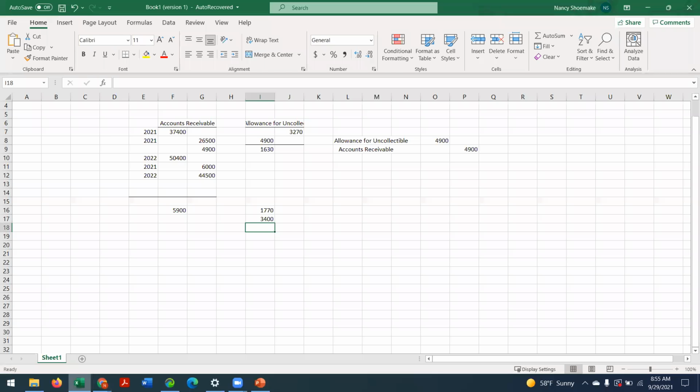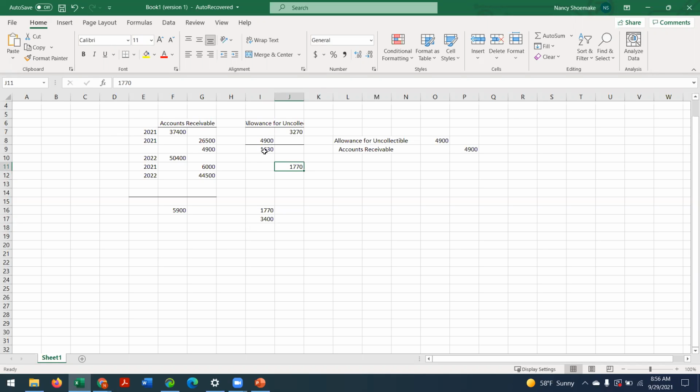is we want this new number over here to be 1,770. We need our allowance for uncollectibles to show 1,770. So what is it we need to record to make this new number 1,770?